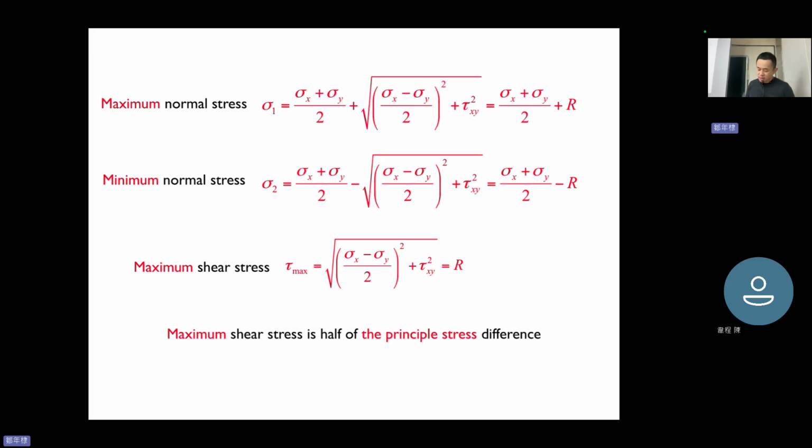And there's something quite interesting. Maximum shear stress is half of the principal stress difference. You just subtract the two, sigma 1 minus sigma 2, and then you will have 2r, and 2r divided by 2 is r.